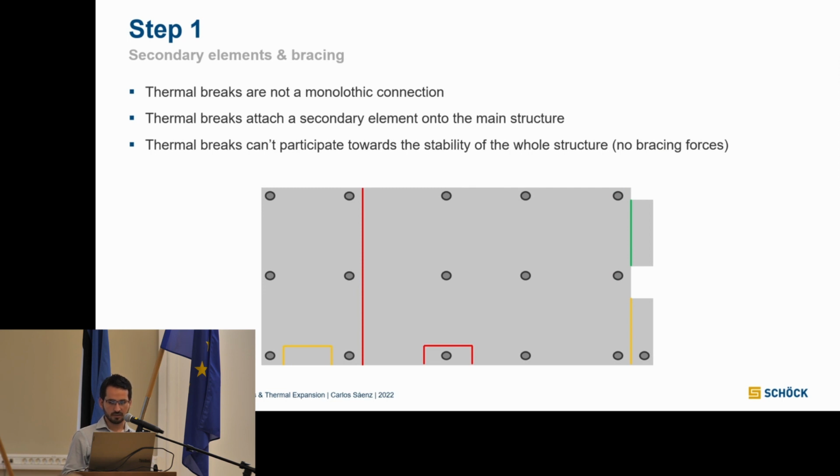It's possible to have a thermal break there. The other ones, for example this marked in red, for sure are bracing connections. So we cannot put a thermal break over there, for that same reason. The rigidity of the connection of the system is not compatible.